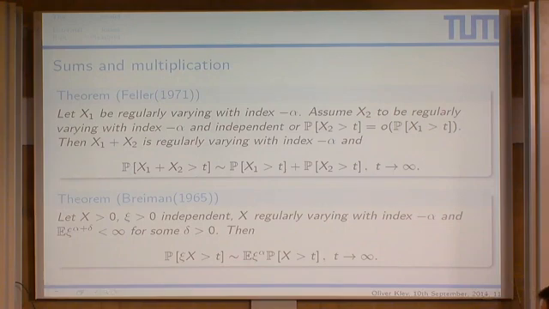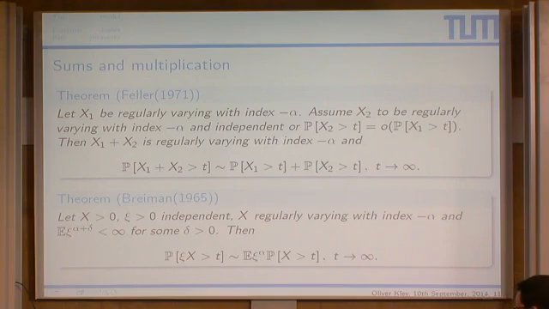The other one is also by Breiman, which states that if you have a light-tailed random variable and something which is heavy-tailed regularly varying, and you look at this survival function, then you can just pull the lighter-tailed thing out with the expectation and the exponent of the heavier tail.